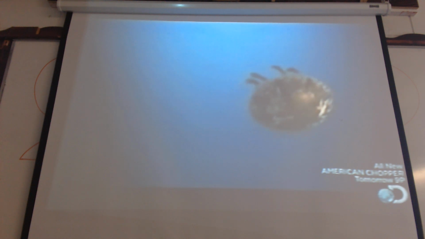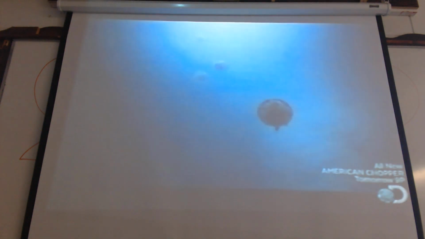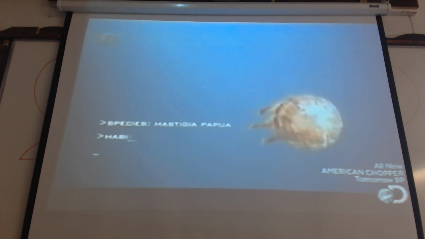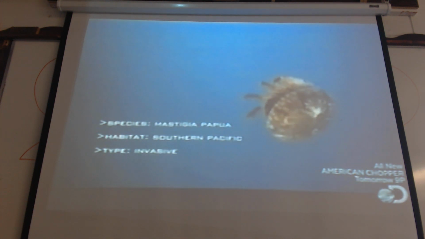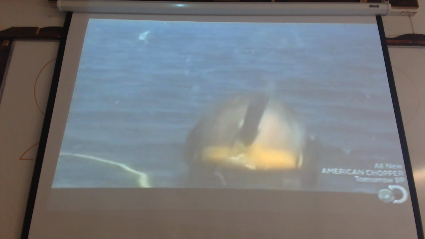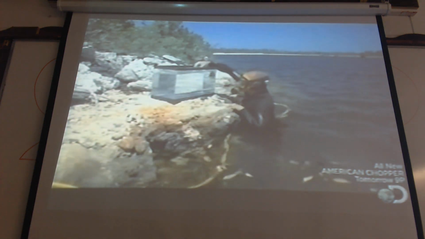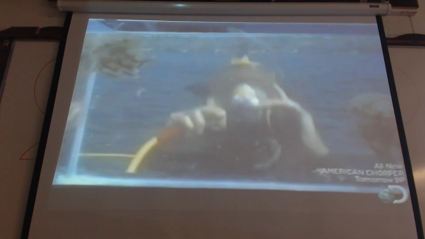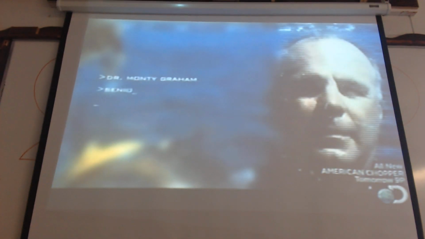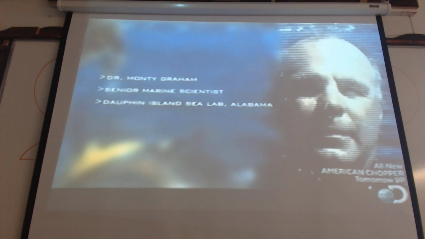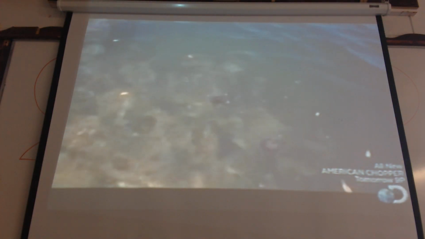This island quarry is infested with thousands of mastiges, a species normally found in the southern Pacific Ocean. Dr. Monty Graham is a marine scientist from the Dauphin Island Sea Lab in Alabama. For him, the mastiges in this man-made quarry are more evidence of what jellyfish are capable of.